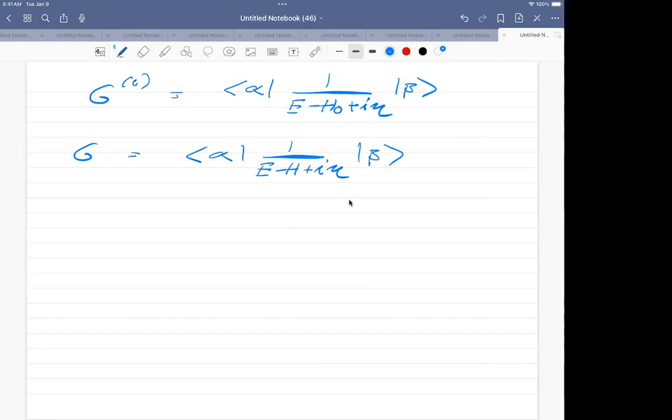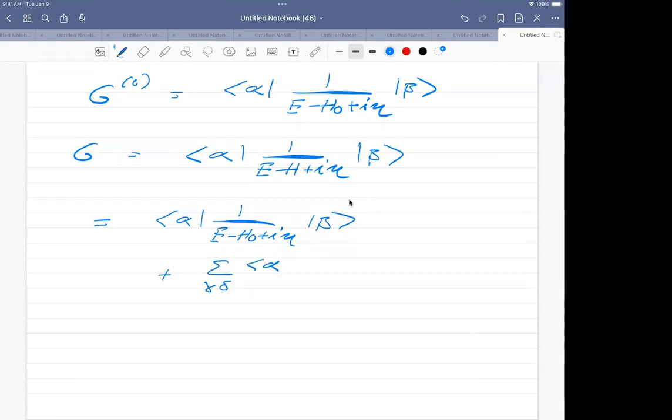So I can then rewrite everything. If I'm now setting this up, when I use that expression, I can rewrite it as G0, which is alpha, 1 divided by E minus H0 plus i eta, beta, and then I have a sum over intermediate states, gamma and delta.